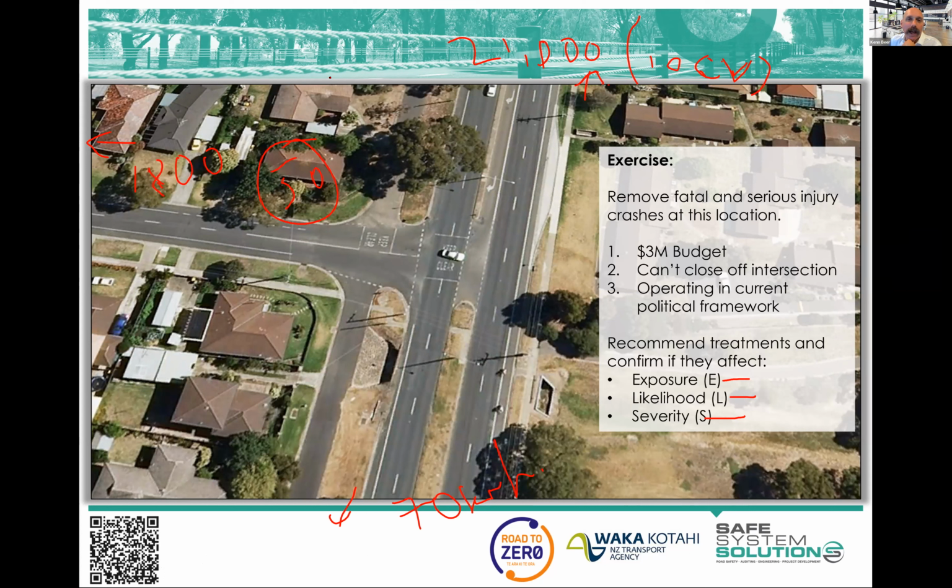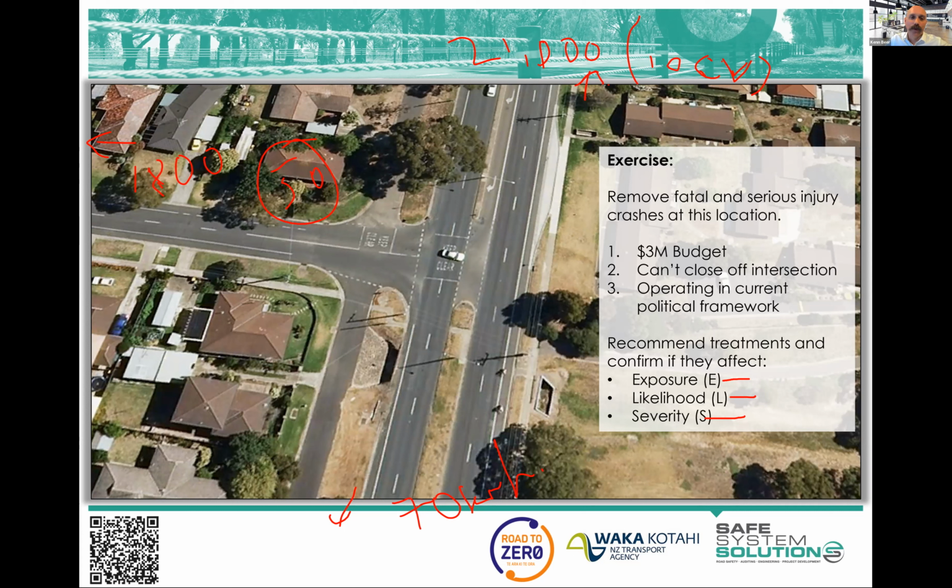A roundabout to meet the current Austroads Guide to Road Design Part 4B, I think it is Part 4B, will cost you $7.8 million, and adding raised platforms to that roundabout makes it $8.1 million.